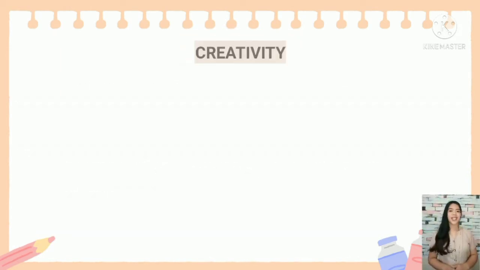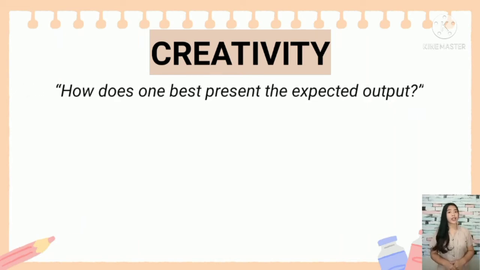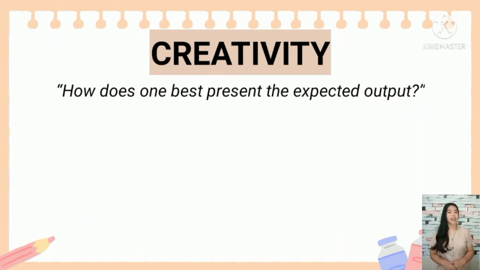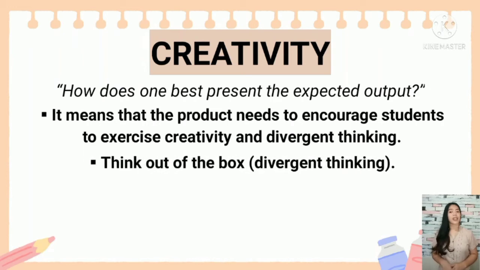Number three is creativity. And the question is, how does one best present the expected output? It means that the product needs to encourage students to exercise creativity and divergent thinking. And divergent thinking is thinking out of the box.